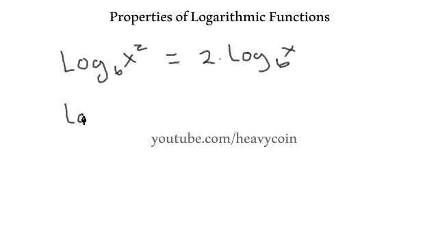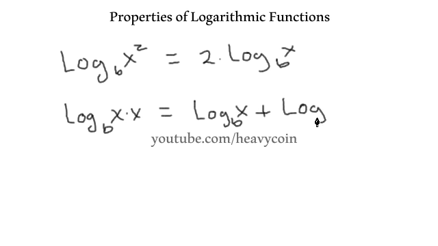What if we were to say this, though? Because this is x squared, that means x times x. If we have two things multiplied together here, we could actually expand this to log base b of x plus log base b of x.